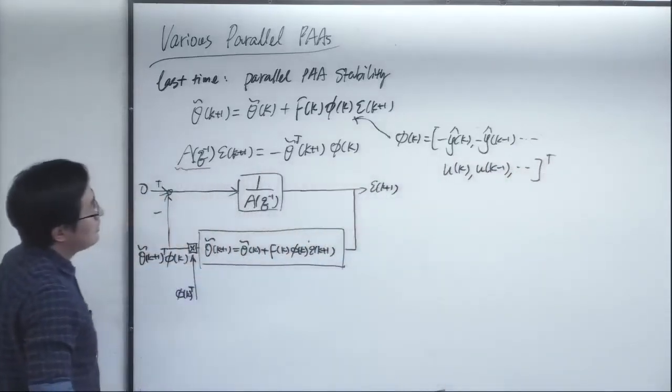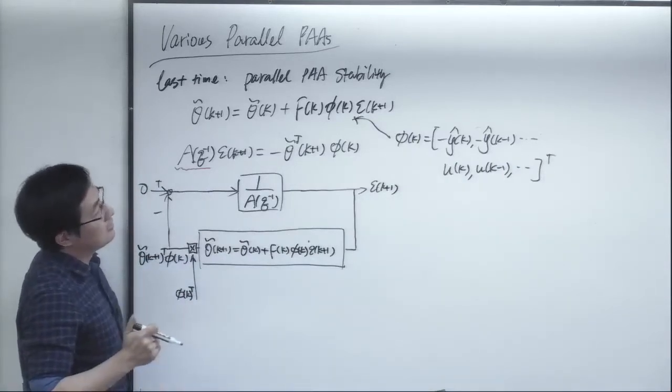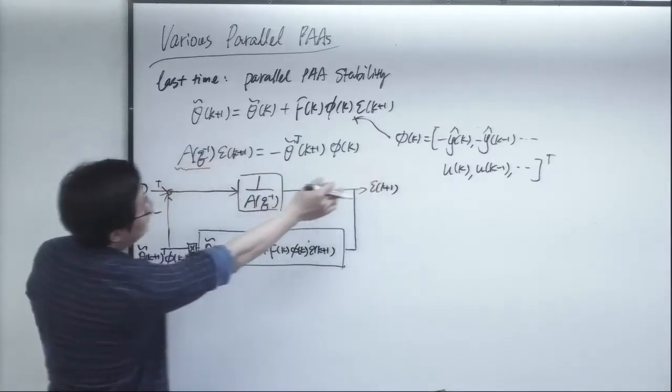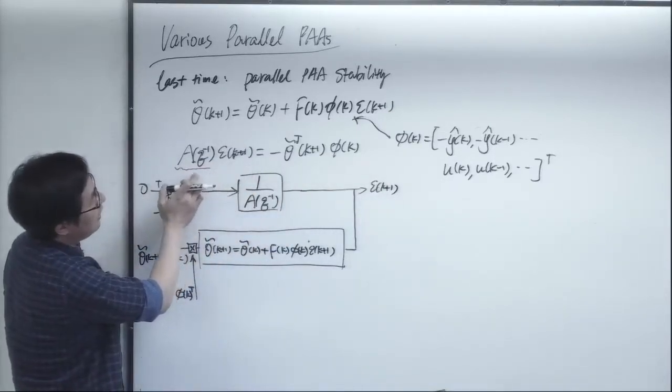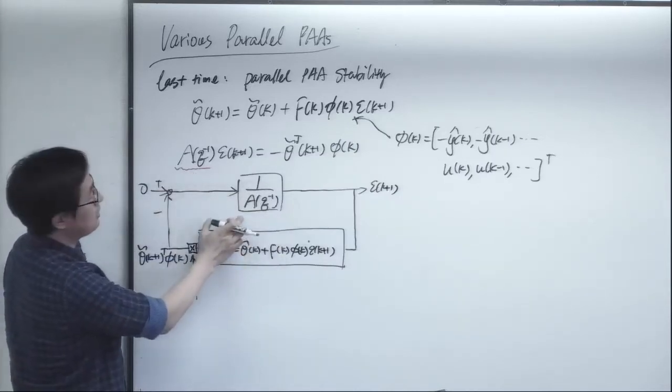Our observation is that that can potentially be beneficial for performance in noisy environments. And that little change actually resulted in one change in the feedback block diagram construction here.